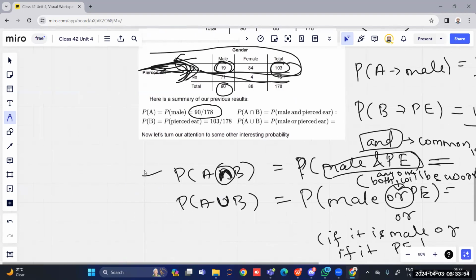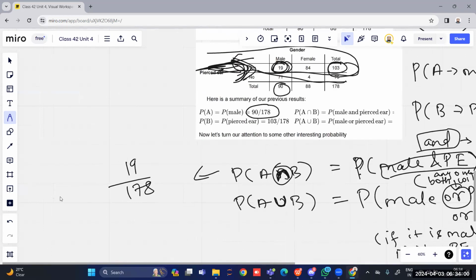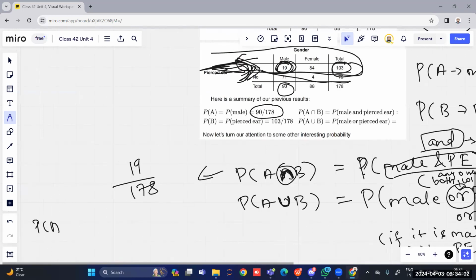So what will be A intersection B? It will be 19 upon 178, because of the intersection here. And what will be A union B? We need probability of A plus probability of B minus probability of A intersection B. Probability of A, that it is a male, is 19 upon 178, plus the probability of pierced ear, 103 upon 178, minus 19 upon 178.